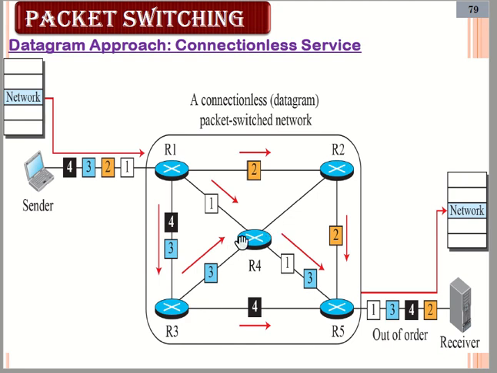Based on the traffic available, it will pass the packet, or frame 1, to R5. Once again, the only possible way to the specified destination address is this path. So using this path it will be sent to the destination.